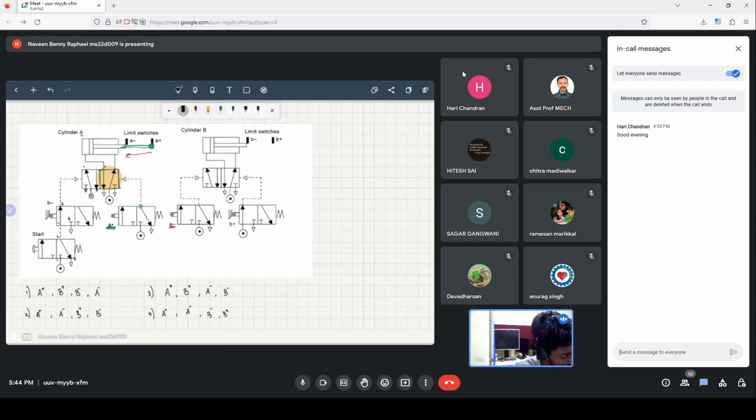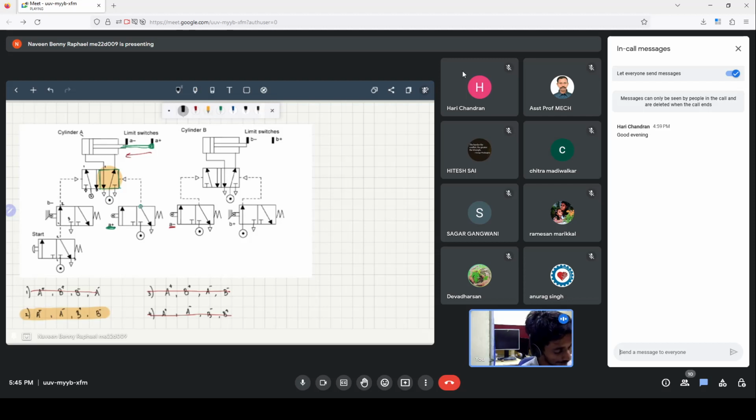We found that the cylinder A retracts, and therefore it's not option A or option C. And clearly option 4 is ridiculous, because we cannot have the cylinder B retract before it is extended. So clearly the answer is definitely option B. But we'll see what happens to cylinder B now.